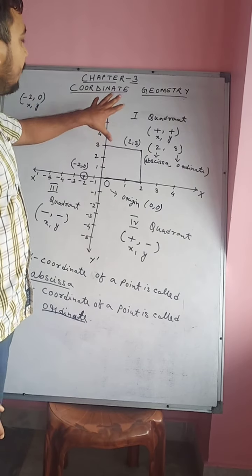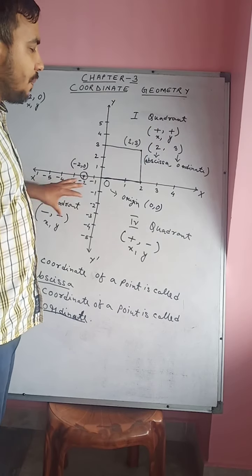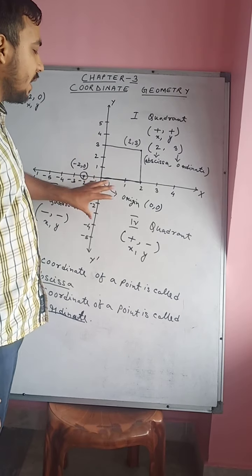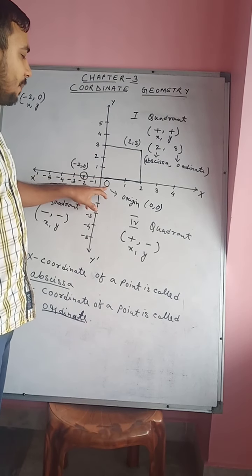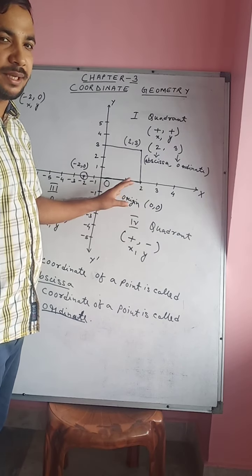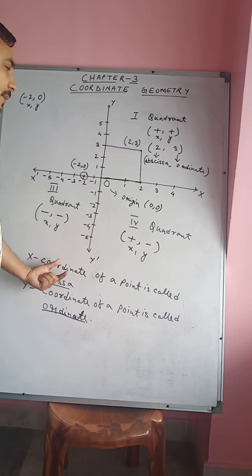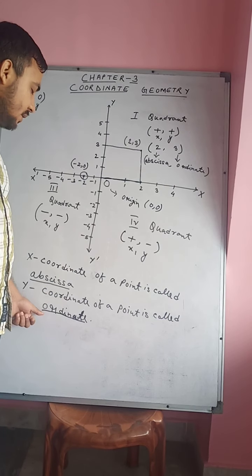When we join these two lines, we get four parts, known as the first quadrant, second quadrant, third quadrant, and fourth quadrant. Wherever the perpendicular lines intersect, that point is called the origin, and it is denoted by (0, 0). Both x and y are 0. And then there are different names for the axes: the x coordinate is also known as abscissa, and the y coordinate is known as ordinate.